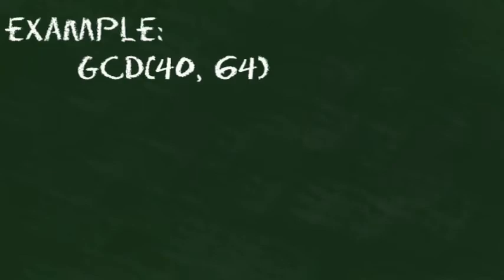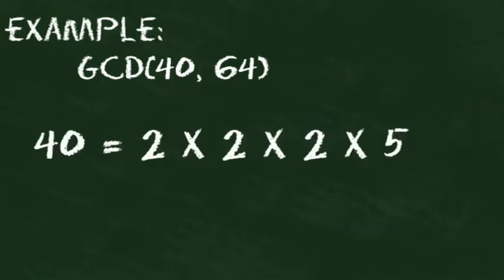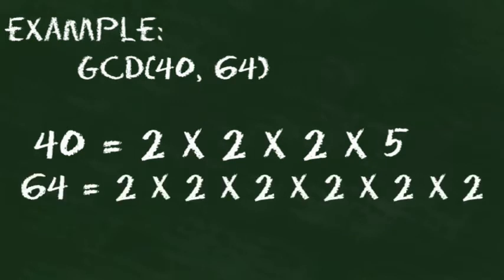Let's use another example. Let's find the GCD of 40 and 64. The prime factorization of 40 is 2 times 2 times 2 times 5. The prime factorization of 64 is 2 times 2 times 2 times 2 times 2 times 2.